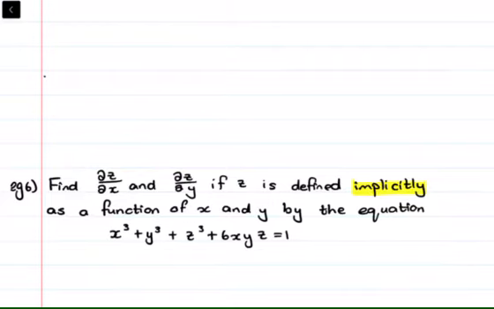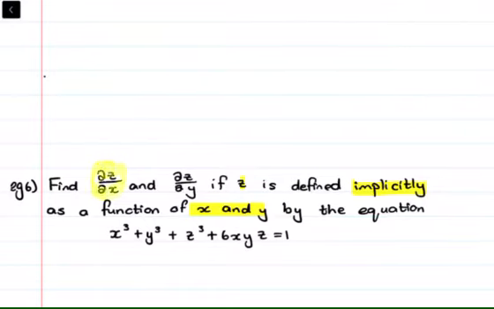Remember that if we are trying to find the derivative of a function that is defined implicitly, in our case it used to be dy dx, where y was defined implicitly as a function of x, but then we kept in mind that it is written as a function of x. So in this case, z is defined implicitly as a function of x and y. We do not know what they are, but what we know is that it is there. It is written implicitly.